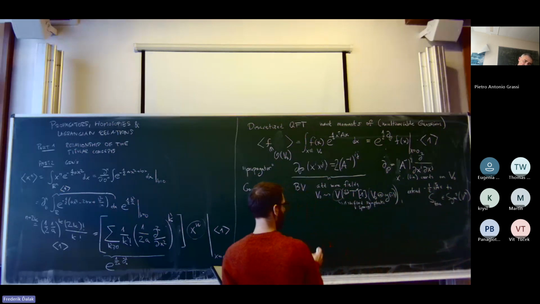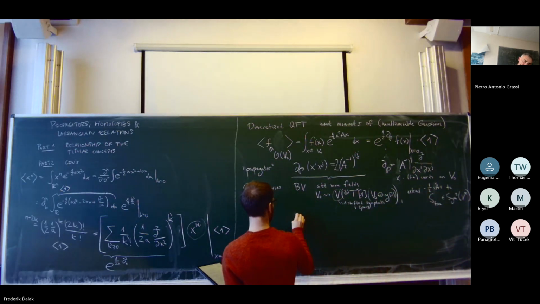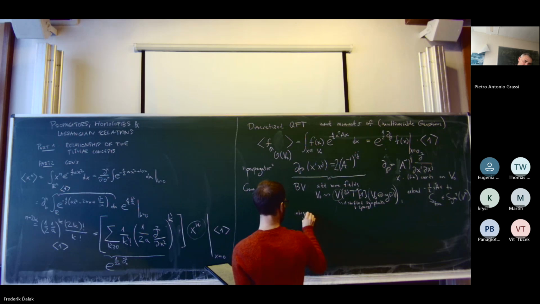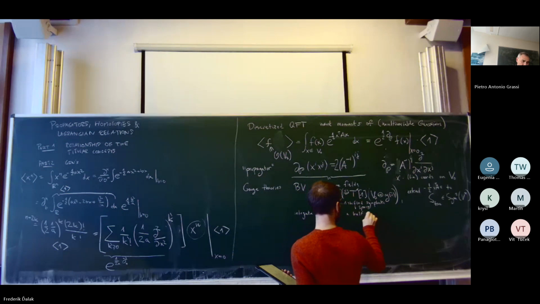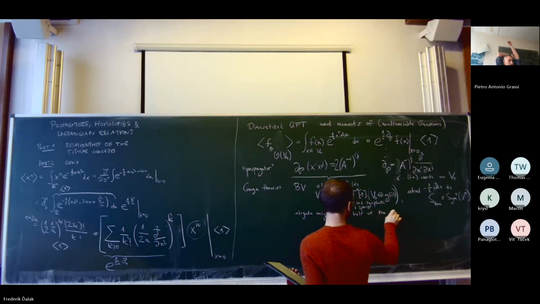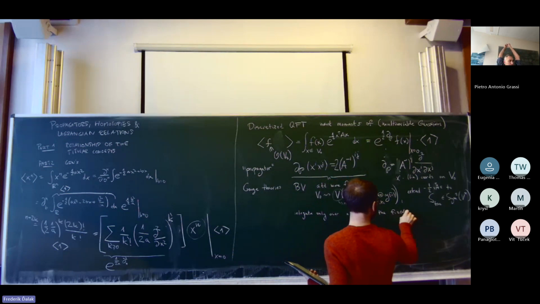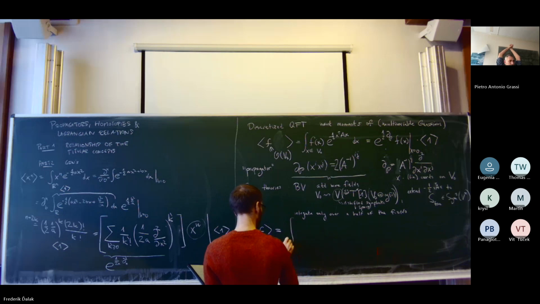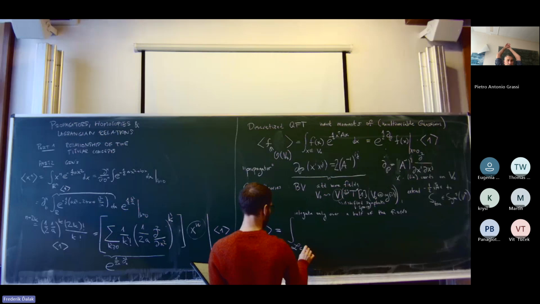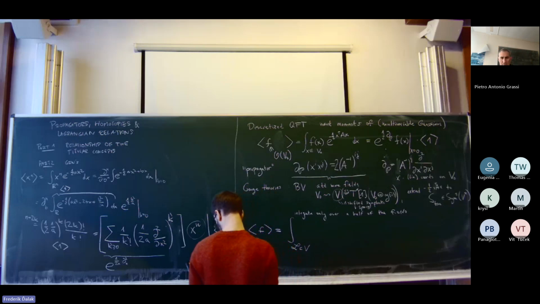Now we do an integral over only half the fields, so we can compute an expectation value of f. We take an integral not over the whole of V, but over a Lagrangian submanifold.